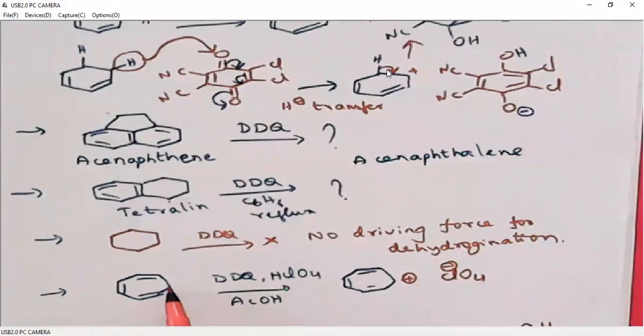H minus transfer takes place from here, so that we generate a carbocation. H plus will be taken from perchloric acid. So ClO4 minus is the counter ion. So this is how we can trap this aromatic system. Okay, this can be isolated and this can be characterized.